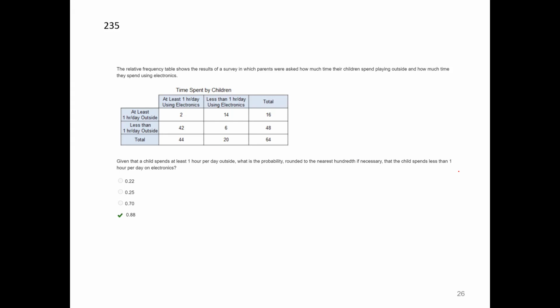All right, so given that a child spends at least 1 hour playing outside, what is the probability, rounded to the nearest hundredth, that the child spends less than 1 hour? So less than 1 hour is right here per hour on electronics. Less than 1 hour is right here, so that's 6.